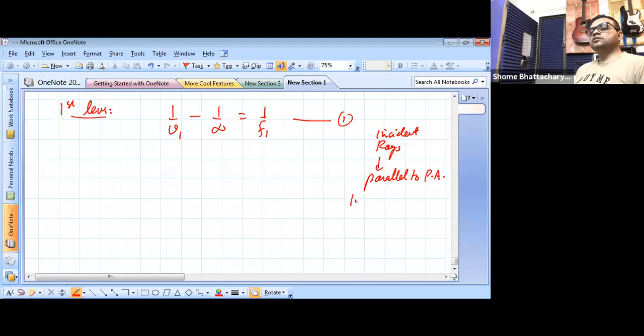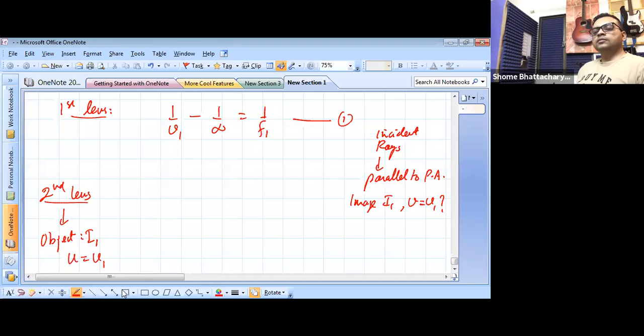And the image I1, so we are putting V as V1. Now for the second lens, what does that mean? The object is I1. So the object distance should be V1. Because they are thin lenses, they have a common pole. We won't consider any distance between the poles.